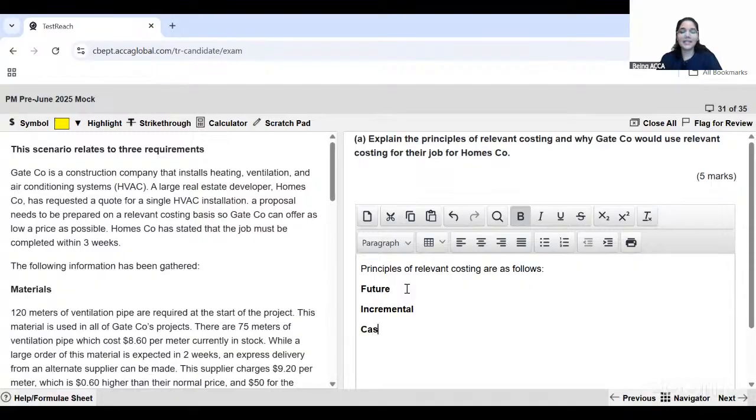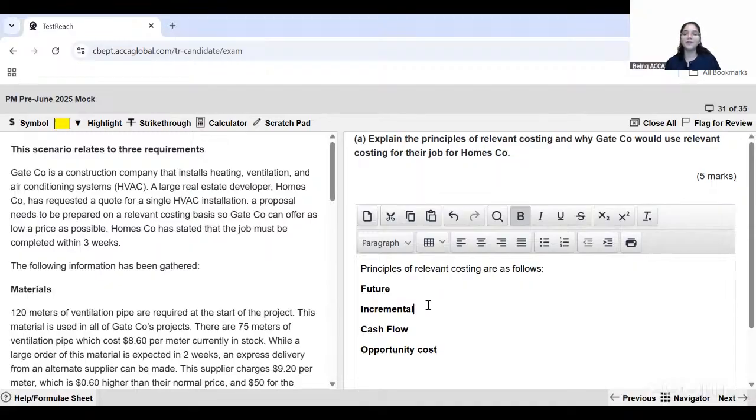Then let's put it as cash flow, and then we talk about the opportunity cost. So this is the 4 pointer checklist that we have whenever we are talking about the principles. What all should we be considering to be relevant? So let's write in detail about what all you're going to be putting over here.